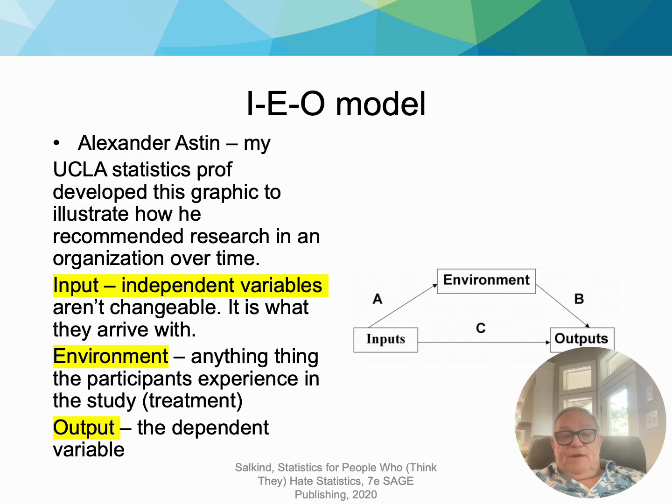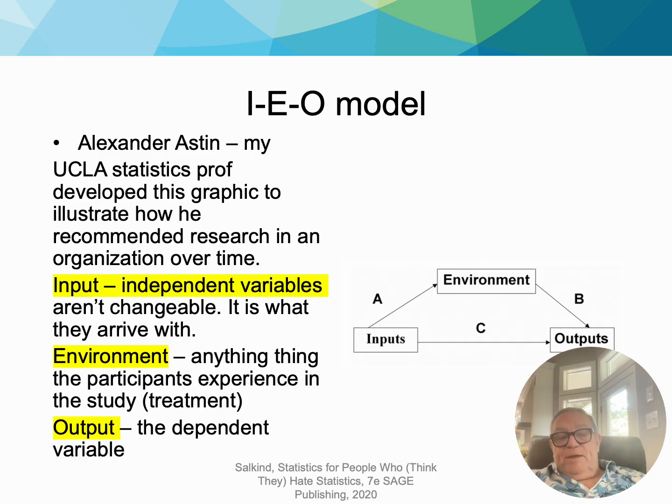Alexander Aston developed this graphic to help us visually see what happens when we do a study on an environment. So on the left side are the inputs. They don't change, and it's what your people arrive with: gender, IQ, personality, whatever. And then at the top of the graphic, the environment is anything the participants experience in the study.